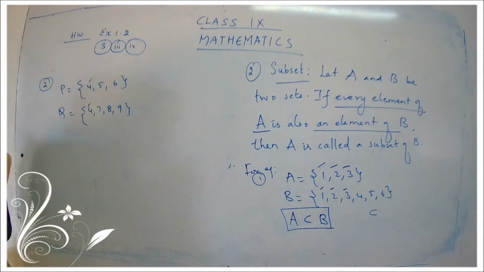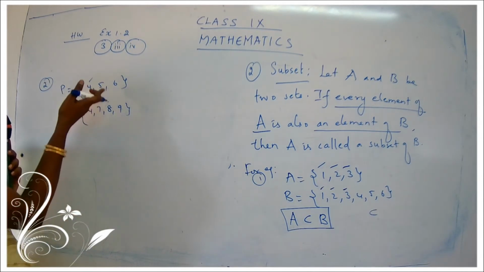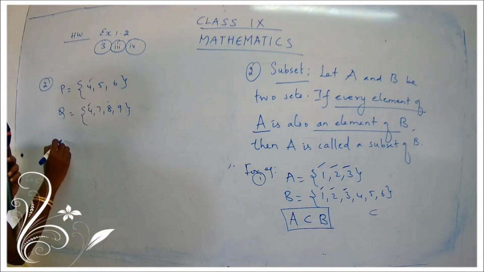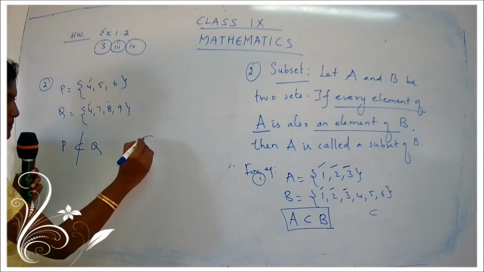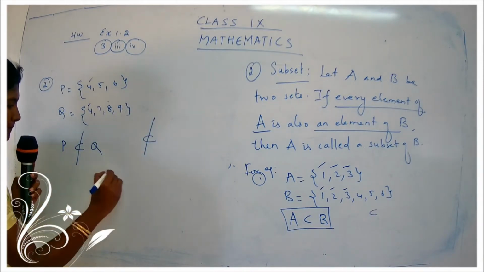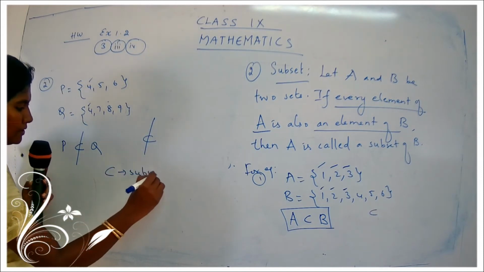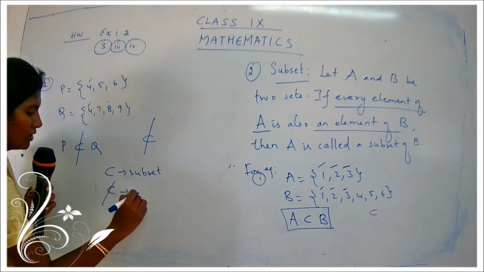But what about 5 and 6? We don't have 5 and 6 over here. So you should say P is not a subset of Q. This is a subset, and when you have it like this, you say not a subset.